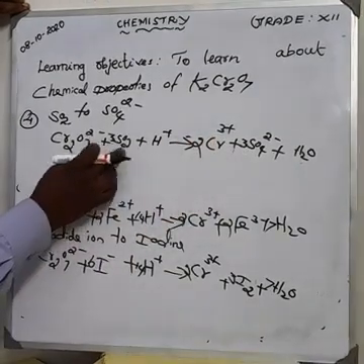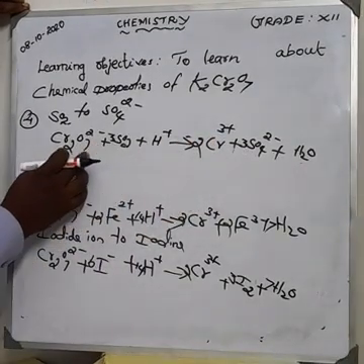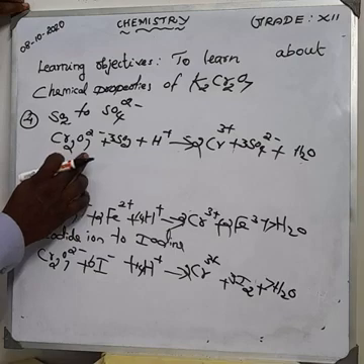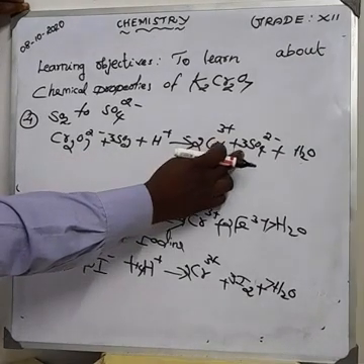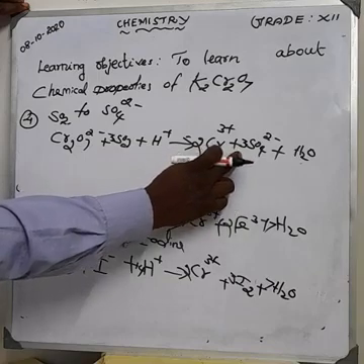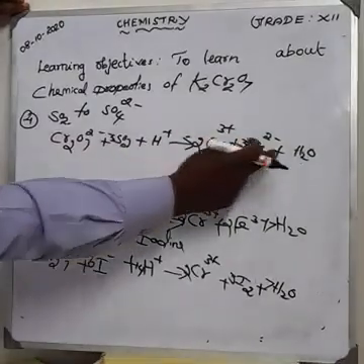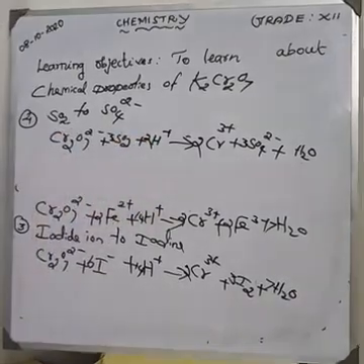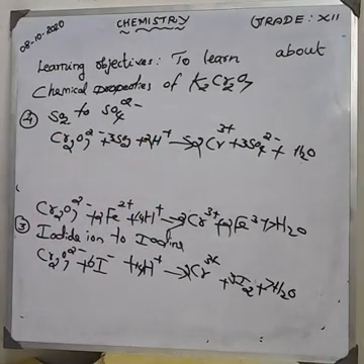Here 3 2s are 6. 6 plus 7, 13. Then 4 3s are 12. It's balanced, make it 2 here. Now the equation is balanced. Have it out. Next one, fifth one.